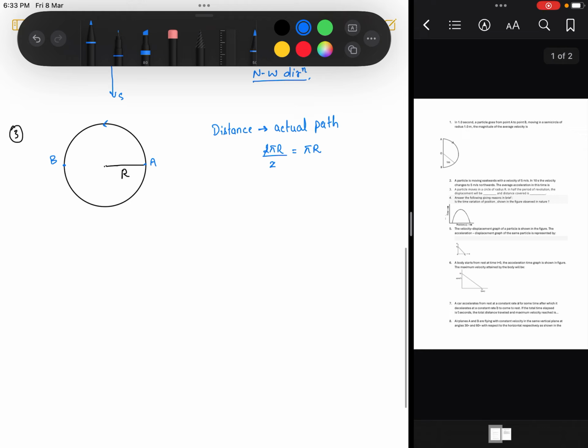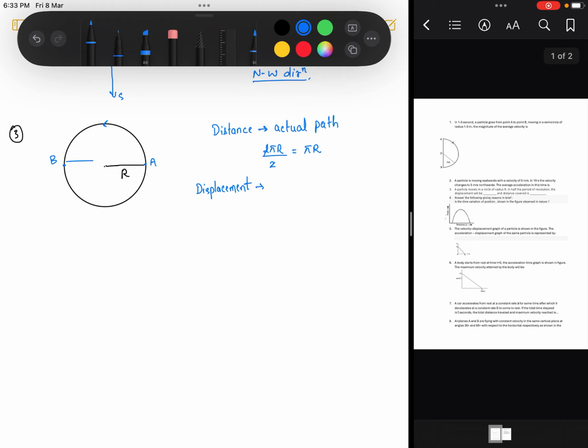And displacement of the particle is the minimum distance between the initial and final point, that is equal to 2r.